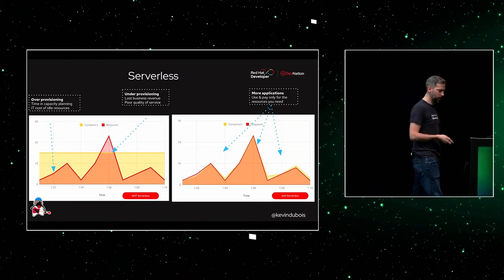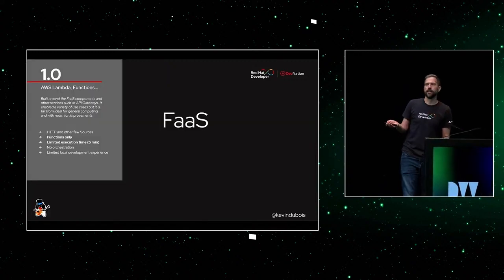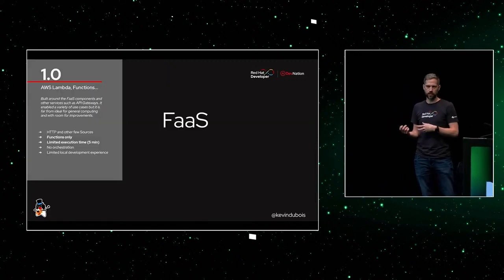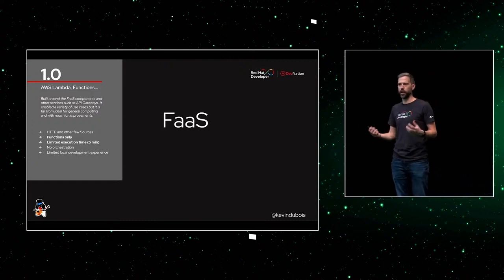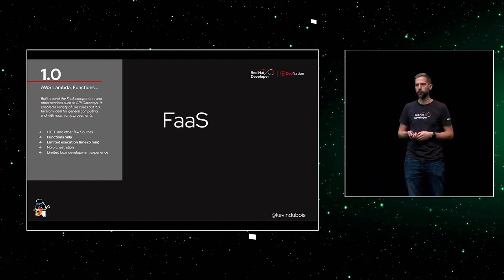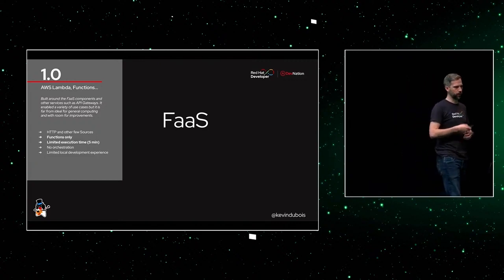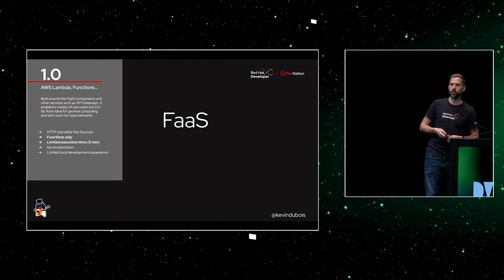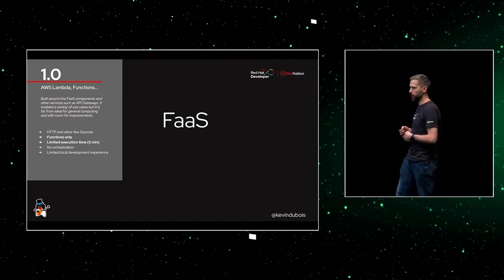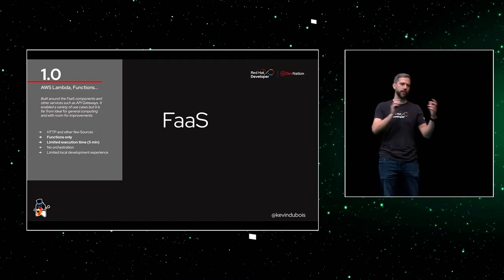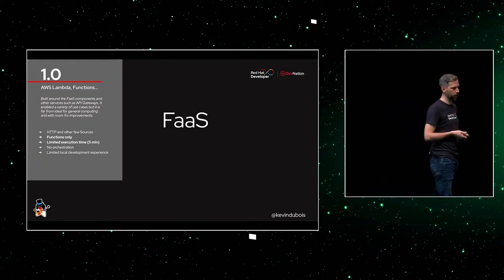And so when most people talk about serverless, they talk about functions as a service. So function as a service is kind of the initial way of doing serverless and the original idea. So you had AWS or Amazon with AWS Lambda, and you have Azure Functions, and you have Google Cloud Functions, and so on and so forth.